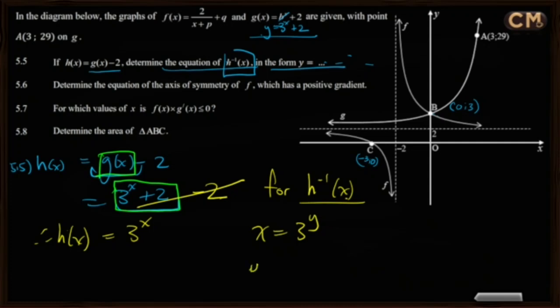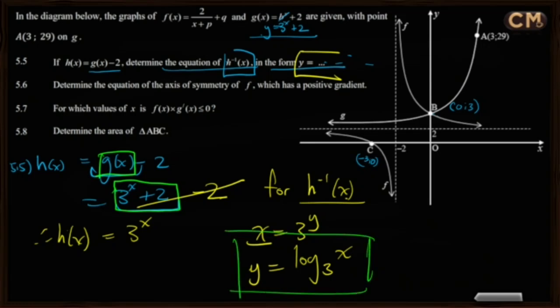So we want to say that y is equal to, because that is what they want, log base 3 with an argument of x. And that answers 5.5. So what are we going to say over there? Log base 3 x.